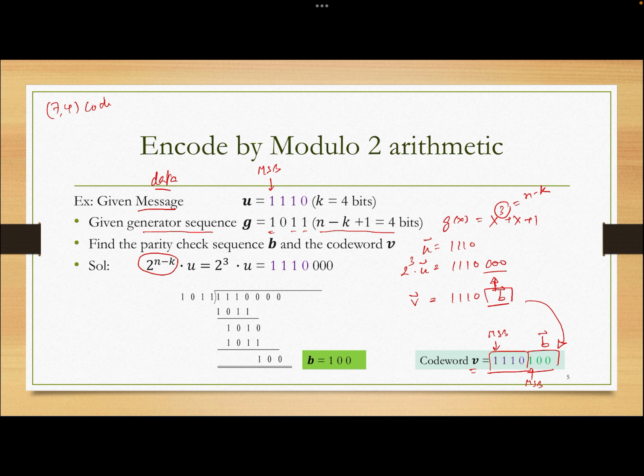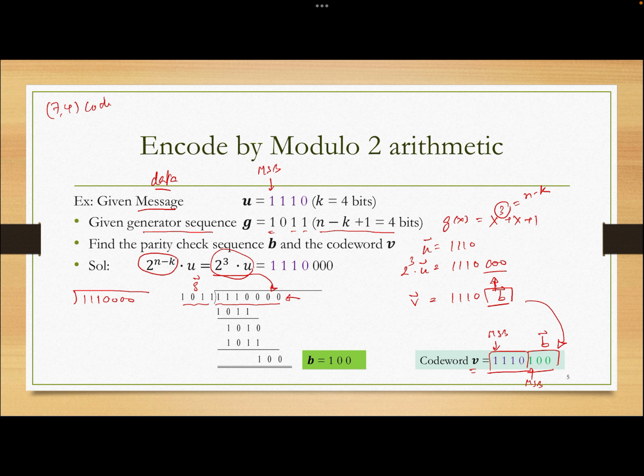Then you divide 2 to the n minus k times u by g. Let me show it again so that you can see how we compute this.